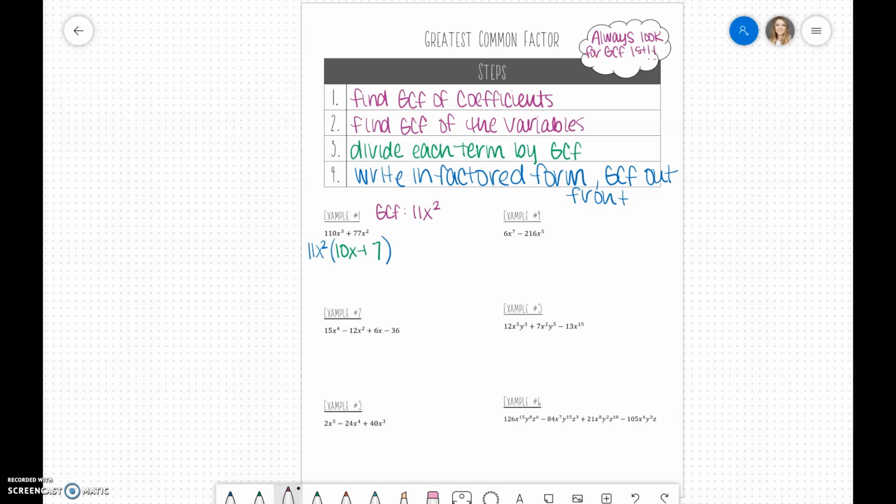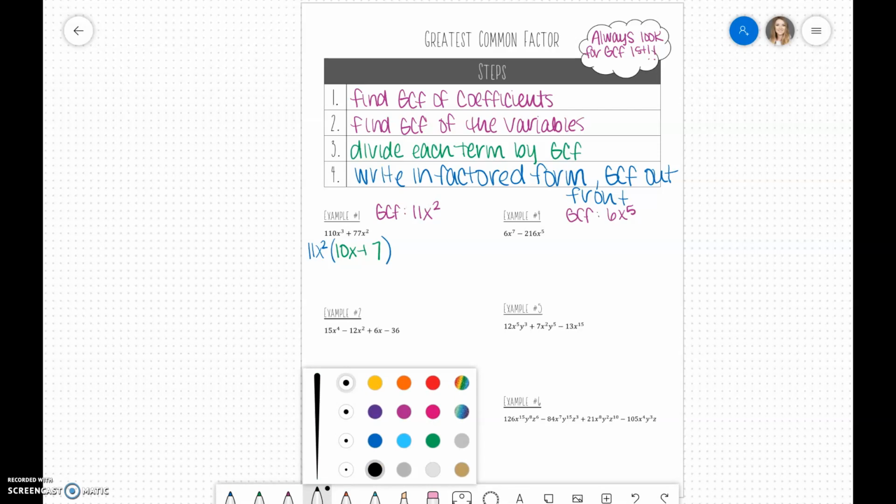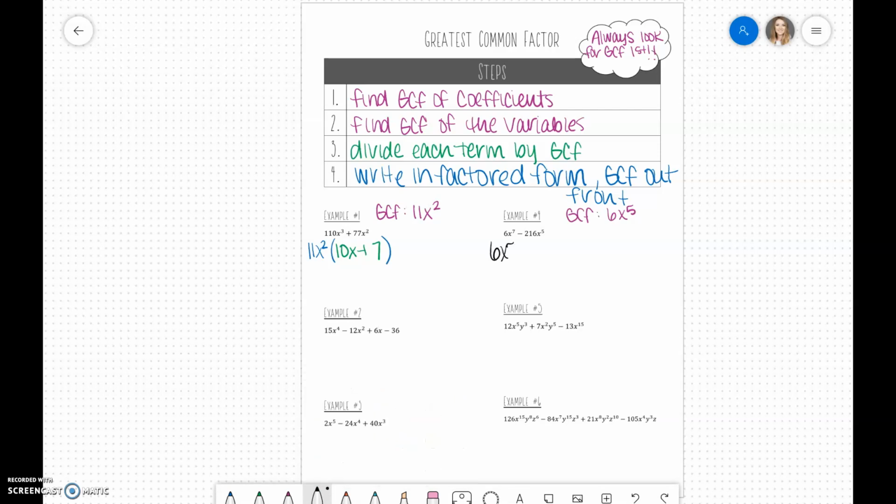Okay, so for the next one, our greatest common factor, we could pull out a 6x to the 5th. And so what would be remaining there, we will write that greatest common factor out front. With the first term, we're left with an x squared.